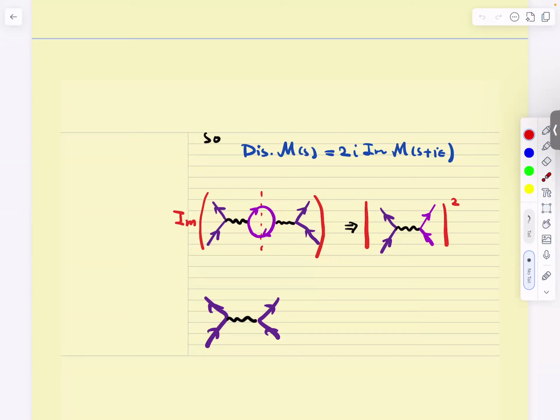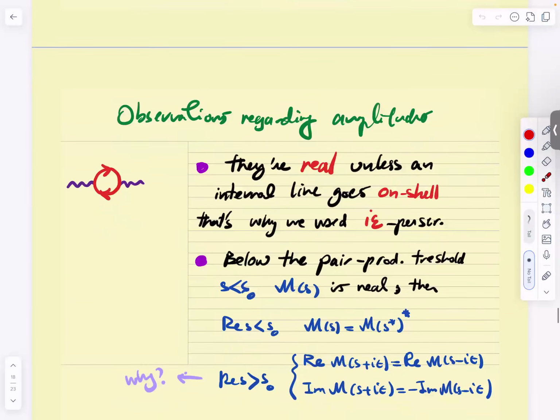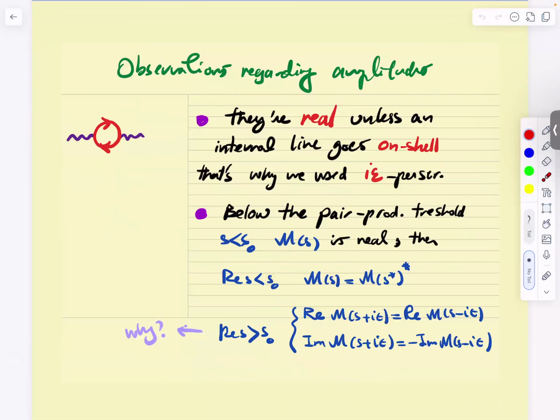In the previous line, I was drawing these guys up on the side. So I was talking about electron, positron going to muon, anti-muon, but it doesn't matter. The general rule of thumb, as I said, I tried to summarize it here: when you have the correction to a propagator below the pair production threshold, everything is real and nice.